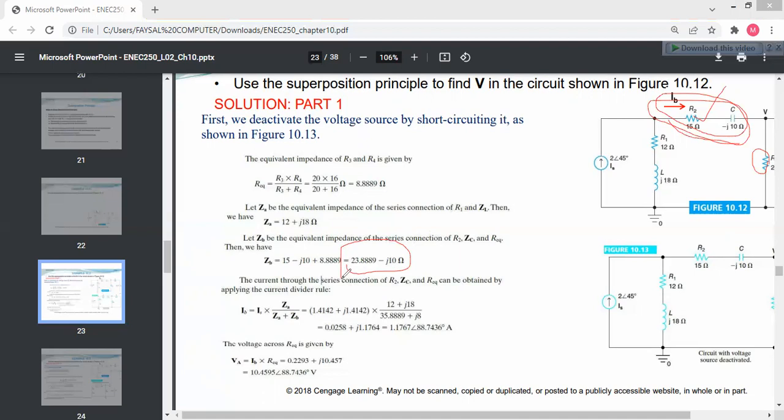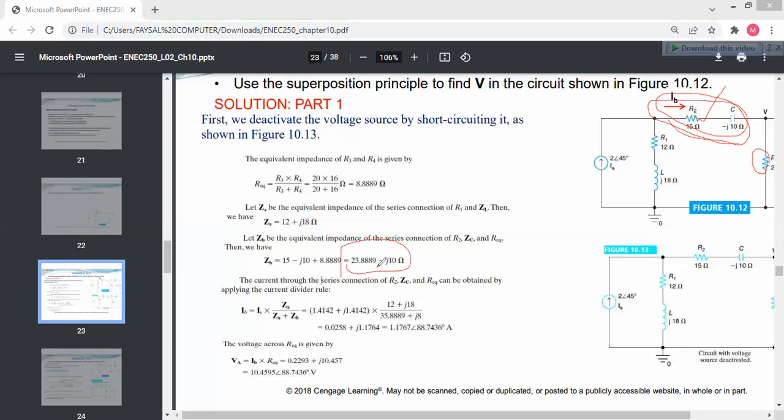Now I have to find the value of IB. So IB will be equal to I1, which is 1.4142 plus J1.4142, multiplied by ZA, which is 12 plus J18, divided by ZB.